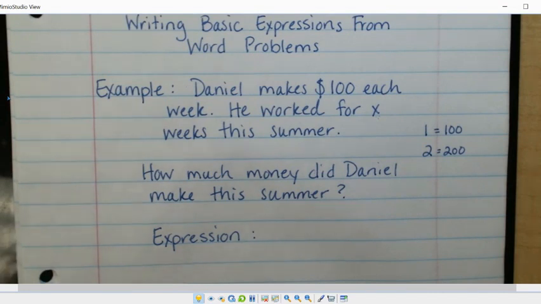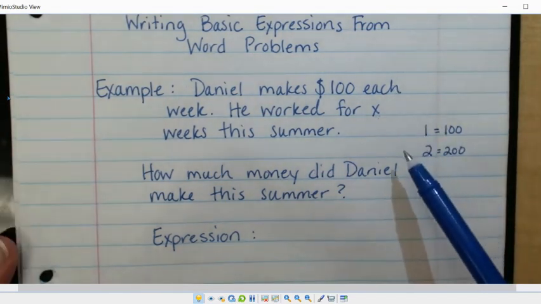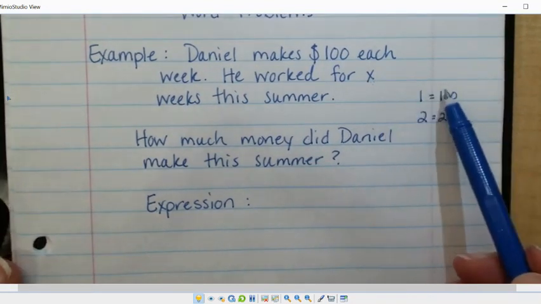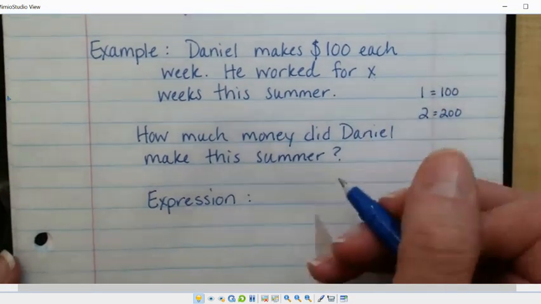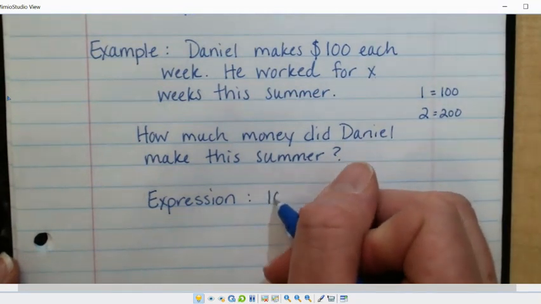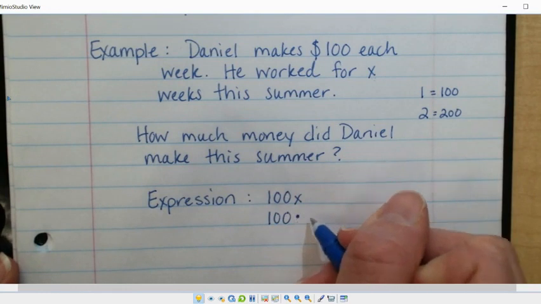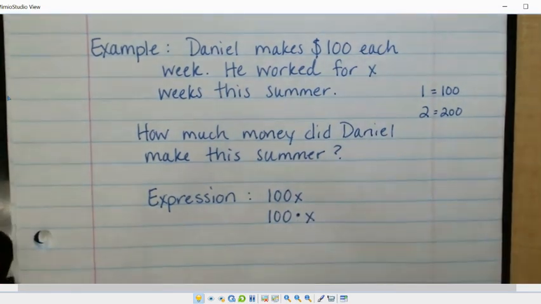I'm not adding, right? I'm not subtracting anything. I'm multiplying for this one, right? I'm multiplying by 100 each time. So my expression could be 100x or 100 times x for this problem. That would be the expression if they asked me to write an expression for this word problem.